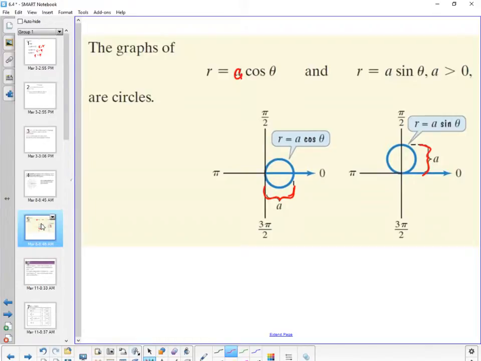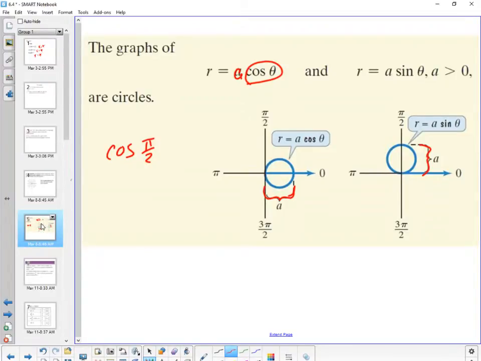Okay, quick question. Why is the sine on the top of the cosine? Well, think about it. We're talking about cosines, right? Let's start with some theta, like pi over 2. What's the cosine of pi over 2? It's 0, right?